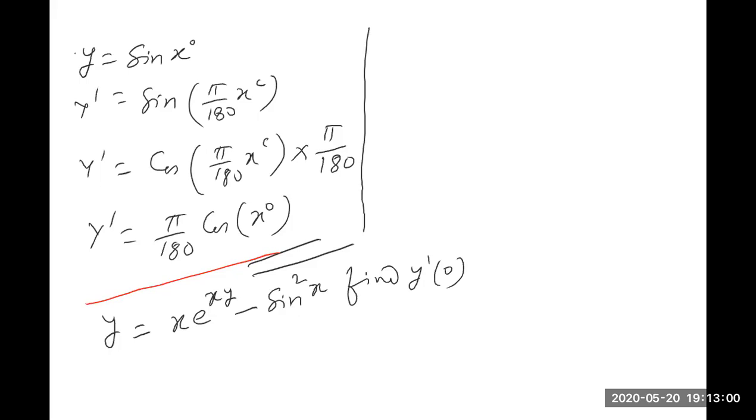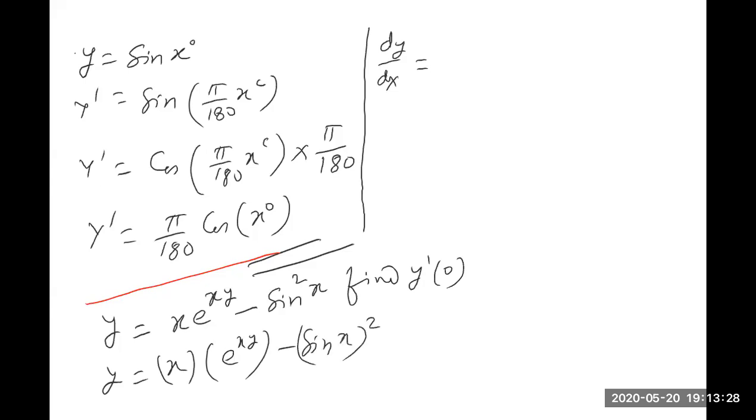This is what kind of implicit function? This is implicit function because you cannot separate out terms of x and y. So if you want to differentiate, directly differentiate, dy upon dx is equal to, now this you can write y is equal to x is one function, e raised to power xy is another, minus sine x whole square.